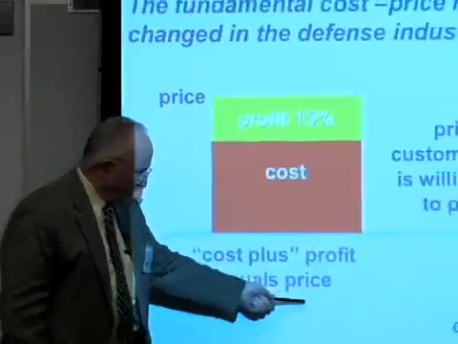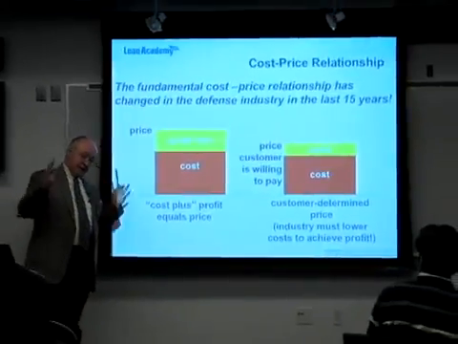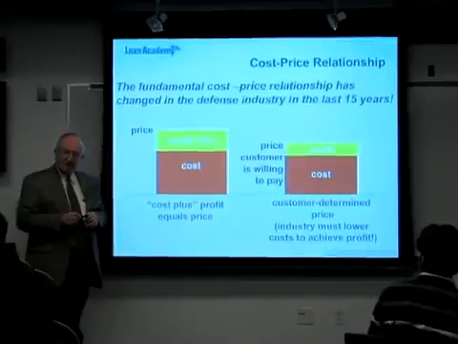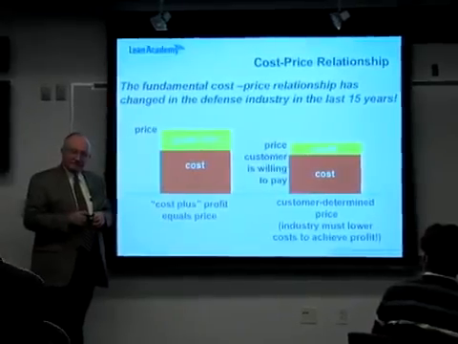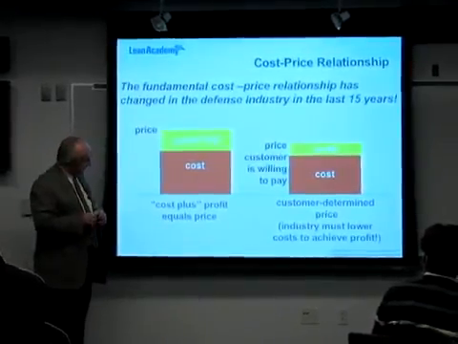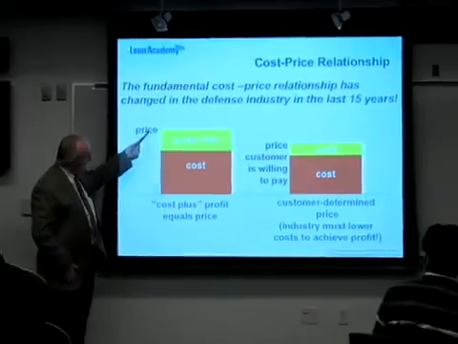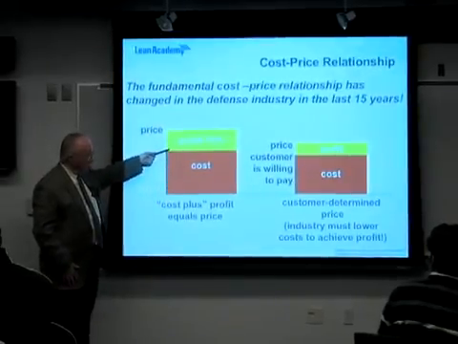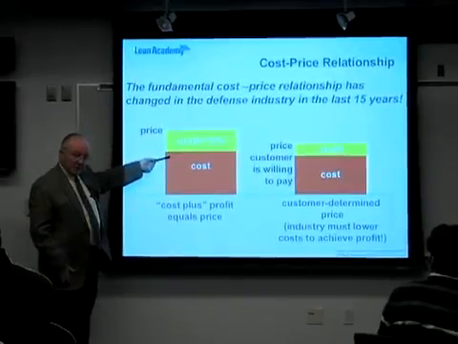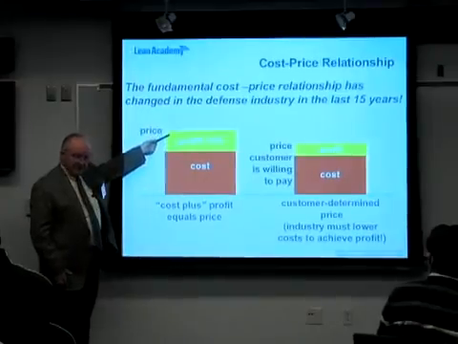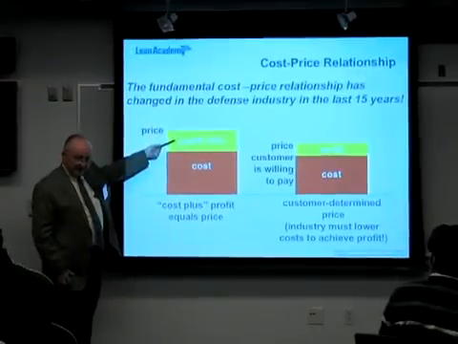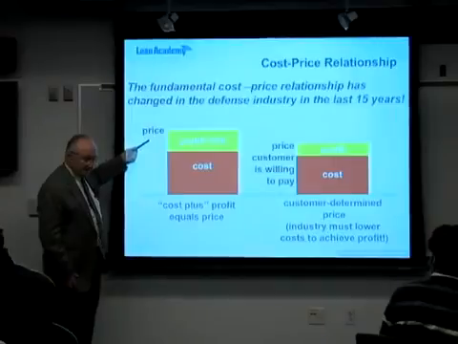Now, for many, many years, starting with World War II, the name of the game was high priority, develop the aircraft. This is even pre-missiles. And the way we got the price was, what was the cost? The government would audit the cost, and then you'd put 10 or 15% profit on top of that. And that determined what the price was.